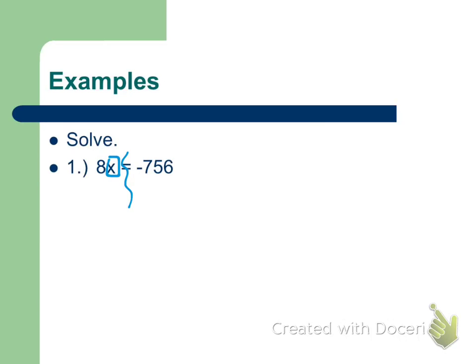Alright, when 8x is written right next to each other, Jaquan, what operation is happening between 8 and x? Multiplication. So when they're written right next to each other like that, we're multiplying. Deja, what's the opposite of multiplying? Dividing.